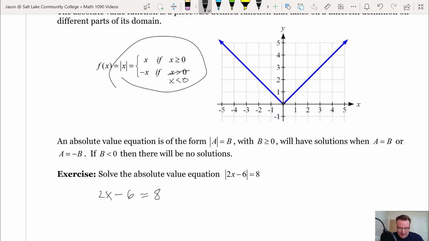Easy enough, we can do that. But what if 2x minus 6 is negative? What if it's a negative number? Well, then to get the output of absolute value, we would have to take that number and multiply it by negative 1, as you can see in the definition. So either that's going to be the case, or if 2x minus 6 is negative, then the output of absolute value will be the negative of this entire expression.